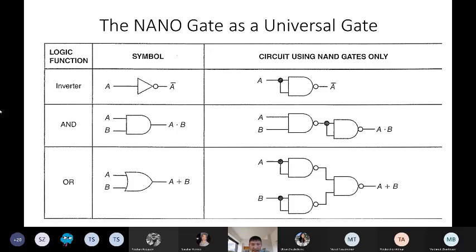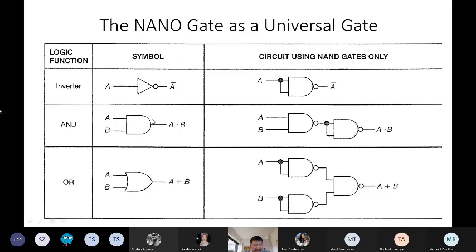So let's consider how we can assemble other gates from the NAND gate. For example, the inverter, and you should know its symbol, right? You can create an inverter from the NAND gate. Actually, you just need to connect its 2 inputs together, and it will function as an inverter.